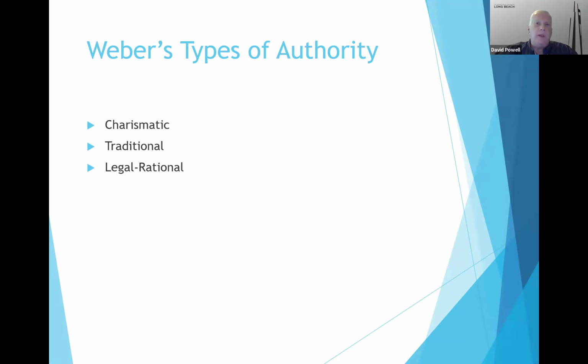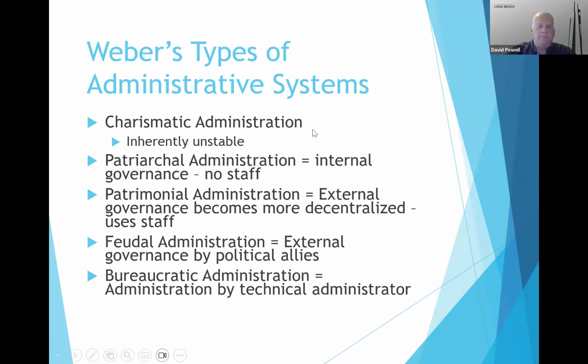So here, the authority comes from law, it comes from empirical evidence, as opposed to coming from a traditional way that we've always done it, or coming from the charisma and the characteristics of one singular leader. So he really feels that the authority basis we should use in our organization should be a legal, rational basis.